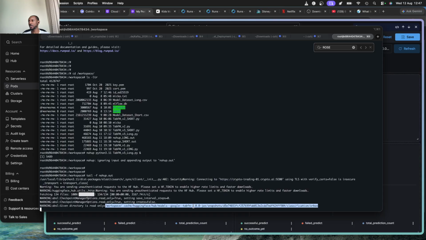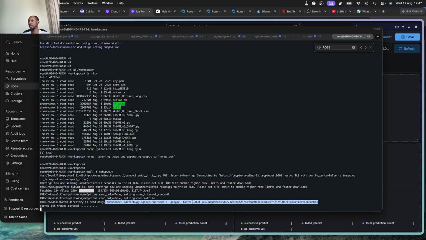It's in my workspace. Using this model, it's now querying my Elasticsearch cluster for live data sets, so live orders.